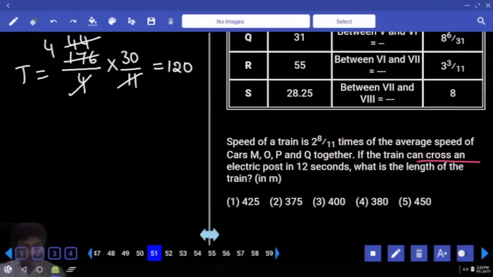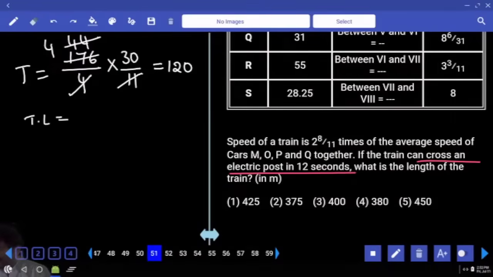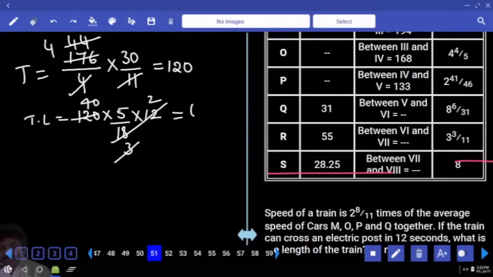If train can cross an electric pole in 12 seconds, what is the length of the train? Train length is equal to speed into time. Whatever the distance covered in that case will be the train length. Speed of the train, 120 kilometer per hour converted to meter per second, and the time taken, 12. 6, 3 times, 2 times, 3, 40 times. 5 into 2, 10 into 40, 400.